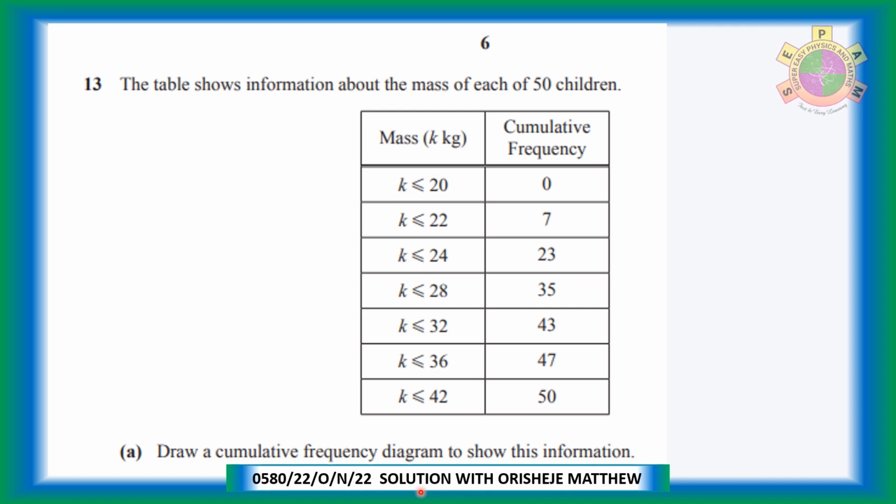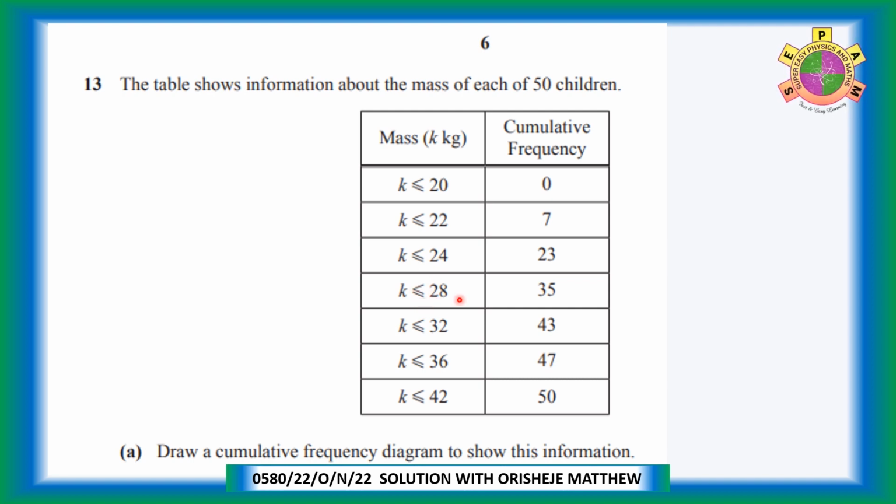Question 13. The table shows the information about the mass of 50 students. We have their mass, and then we have the cumulative frequency. None of the students have a mass less than 20 kg. 7 have their masses less than 22 kg. 23 have their mass less than 24 kg.